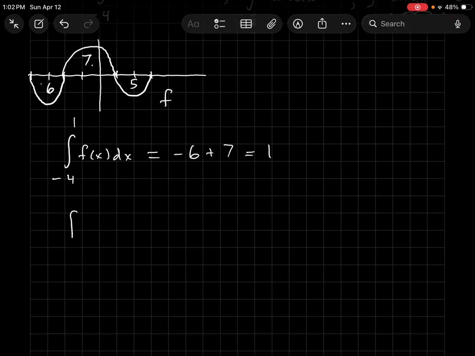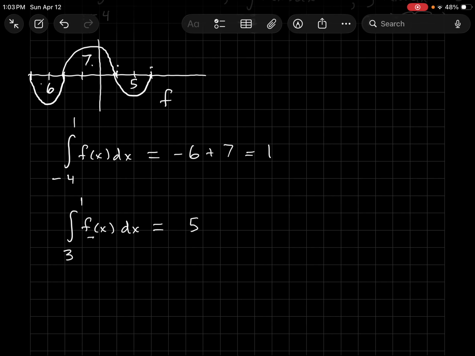How about the integral from 3 to 1 of f of x dx? What does that equal? Well, I'm going from 3 to 1. I know the magnitude is 5. Is this a positive 5 or a -5?